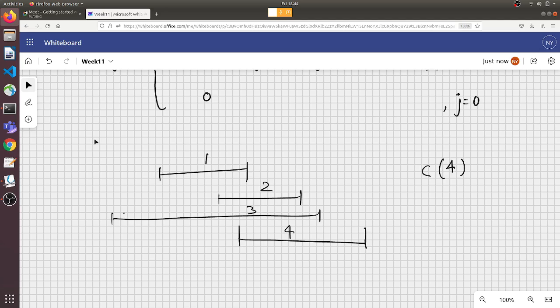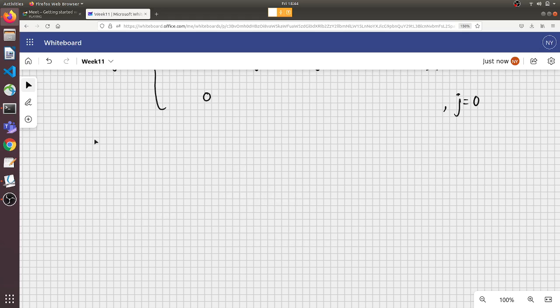I think I'll just redraw it, I've made it a bit not very clear.